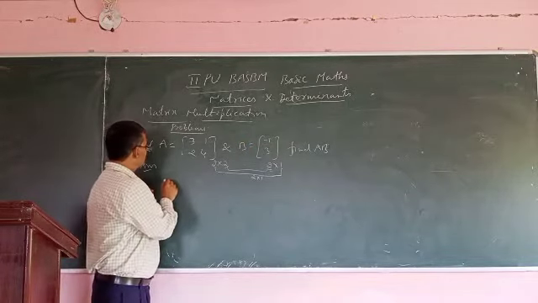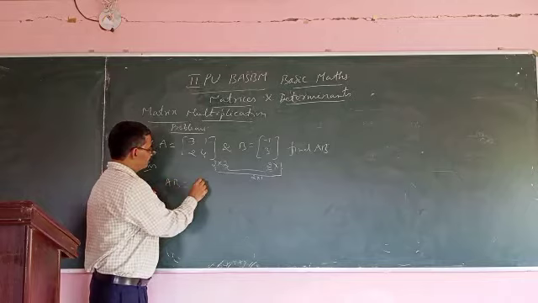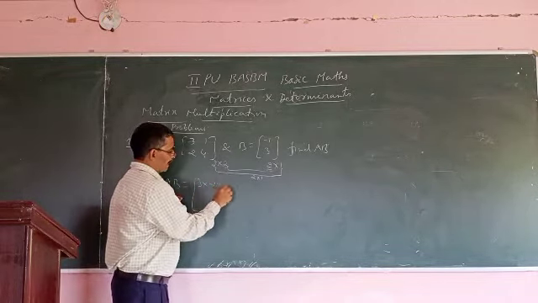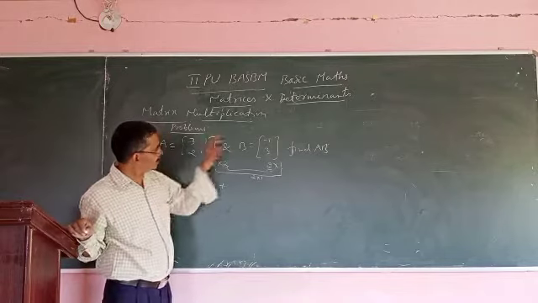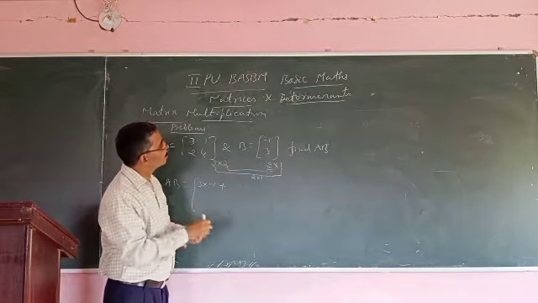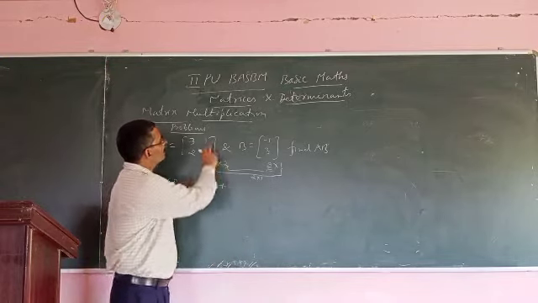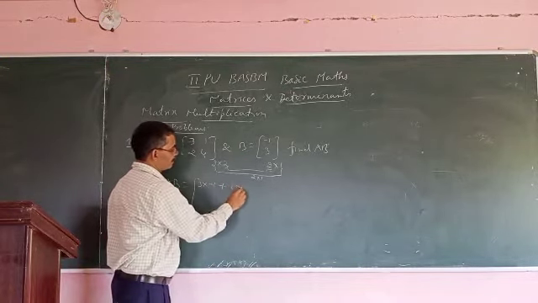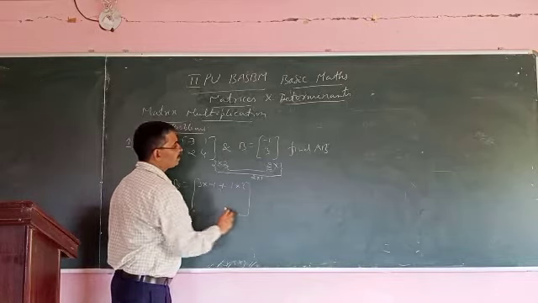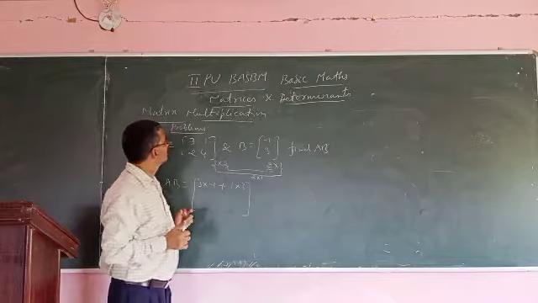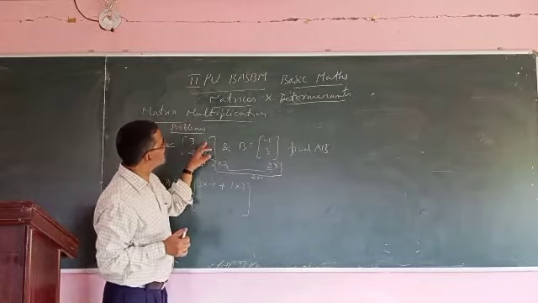AB equal to 3 into minus 1 plus 1 into 3. It has only one column, so only one element.